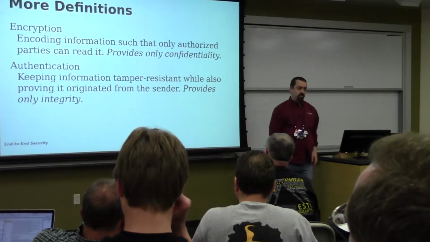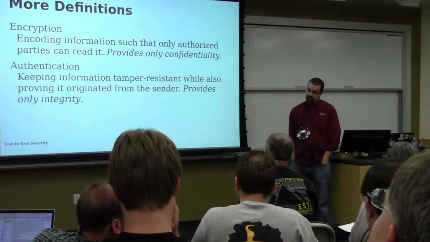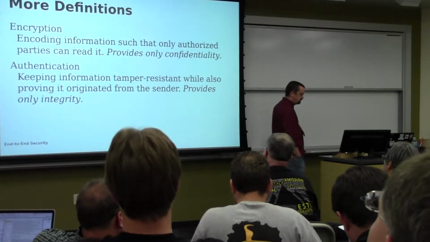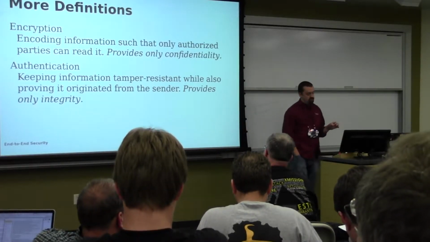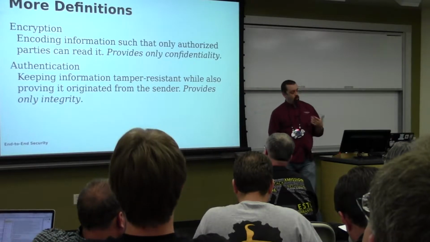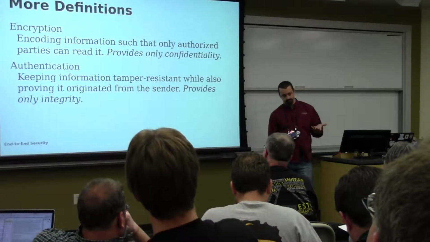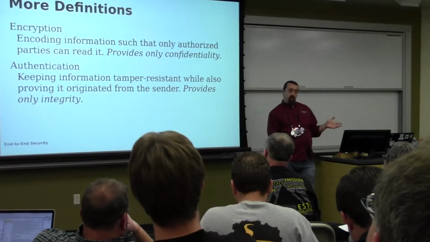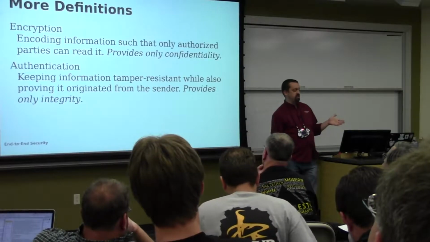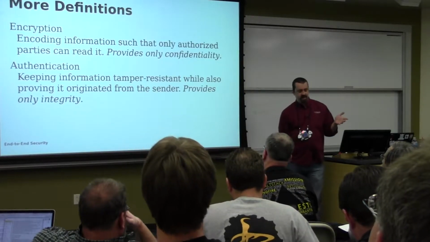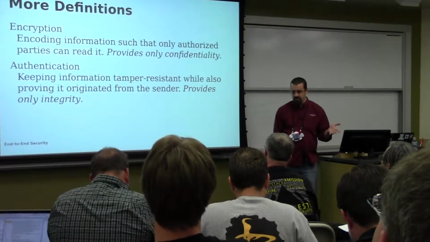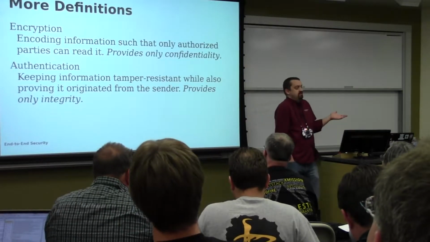So we need to look at a couple more definitions. First, let's talk about encryption. Encryption we'll define as encoding information such that only authorized parties can read it. Really, all encryption is just playing with encoding mechanisms. As silly as this sounds, ROT13 is encryption.